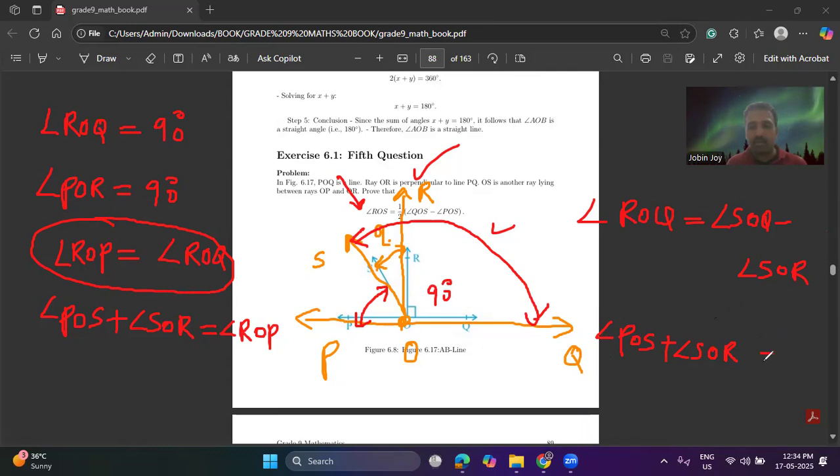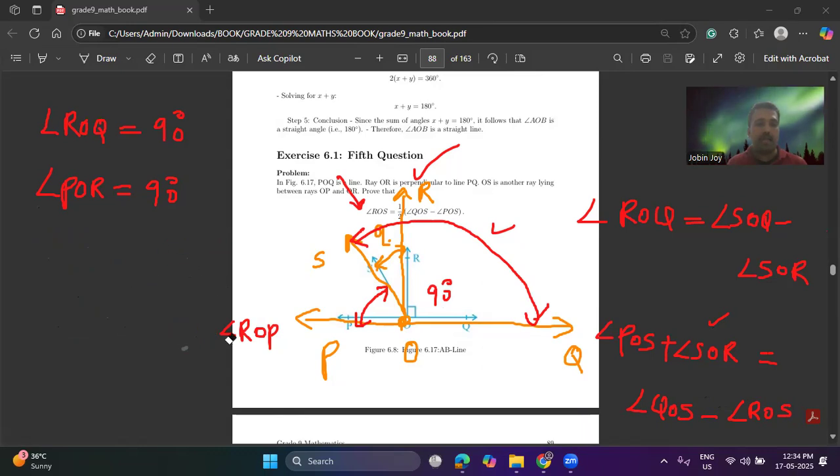That is equal to angle ROQ, which will be angle SOQ or angle QOS, both are the same, minus angle SOR or angle ROS, both are the same. On the left side, we have ROS. On the right hand side, there is minus ROS.